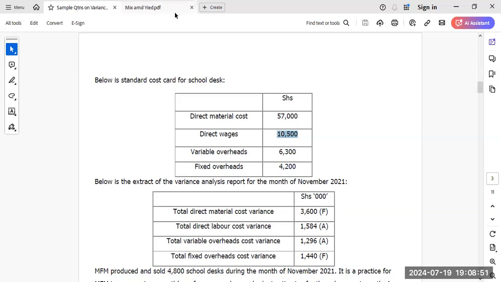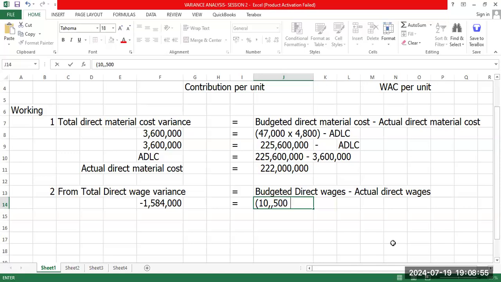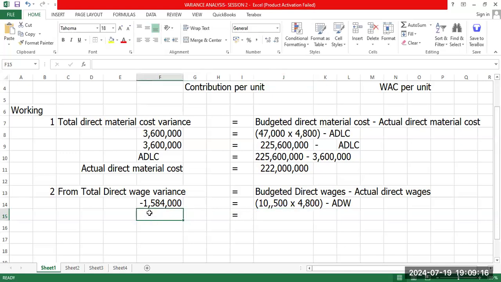We multiply by the number of desks. 10,500, then times 4,800. Then the answer we get, we subtract actual direct wages. What do you get if you multiply here? 50,400,000.